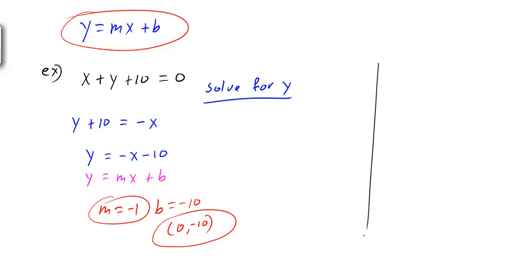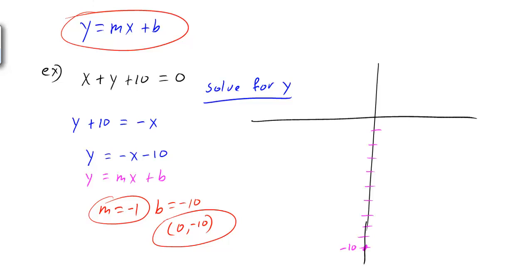Now, one advantage of doing that is if we happen to know the y-intercept, then we know a point on the line. So this y-intercept is negative 10, so we could go down 1, 2, 3, 4, 5, 6, 7, 8, 9, 10, down to negative 10.